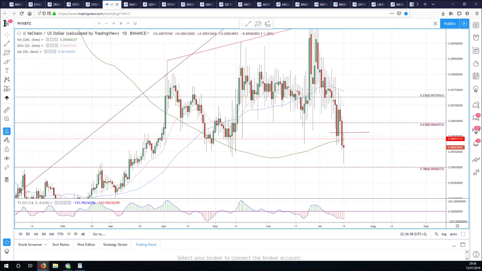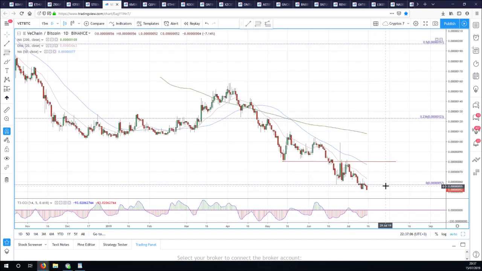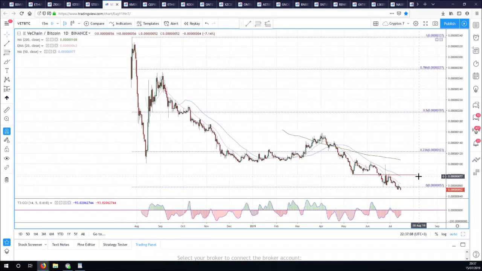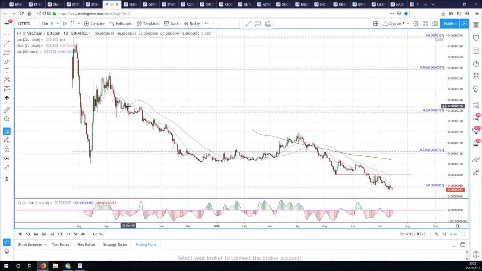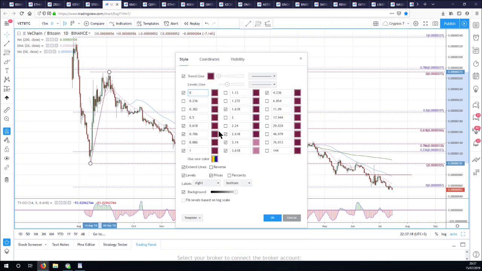And if we look at VeChain Bitcoin, you can see that yesterday and today we've kind of lost the lows and just tagged new lows here as well. So it's not as heartbreaking as the fall in ETH was, but pretty bad.